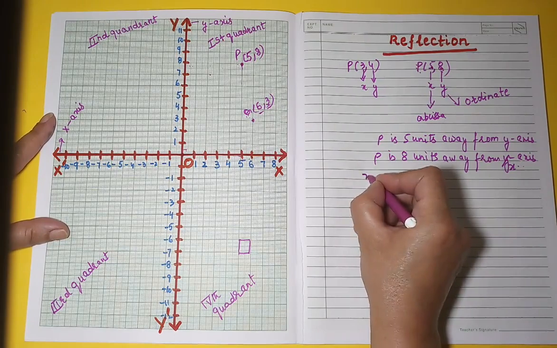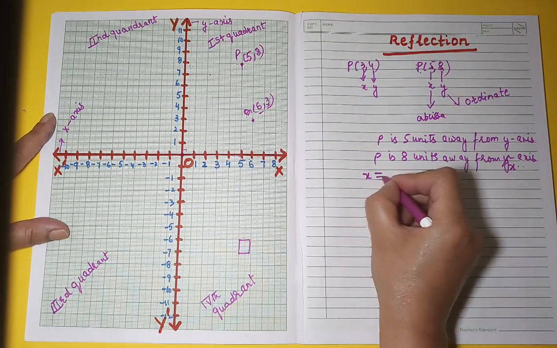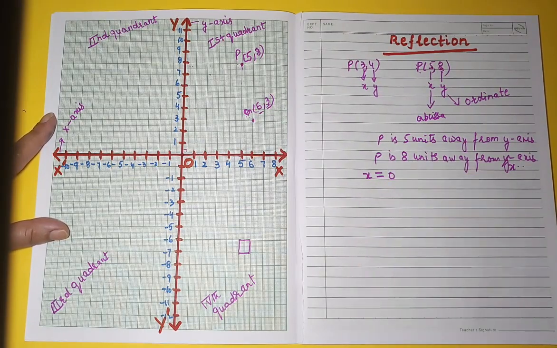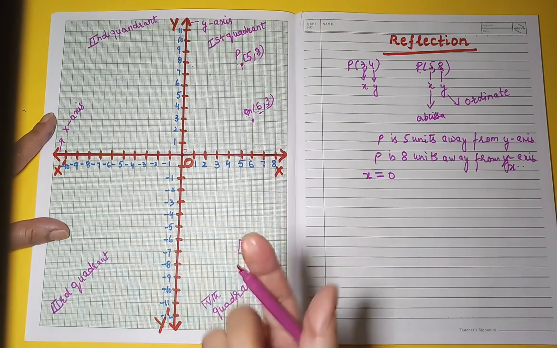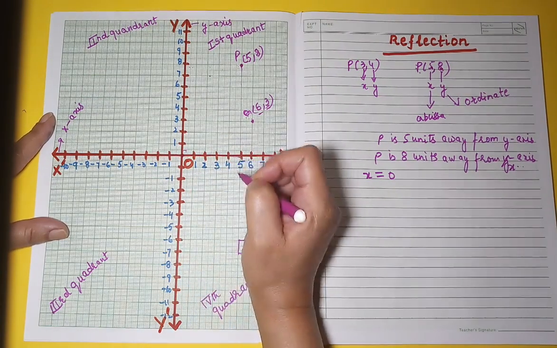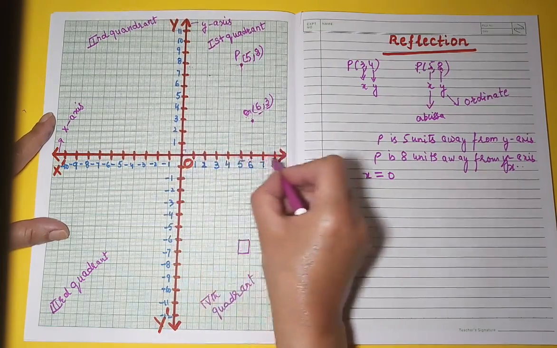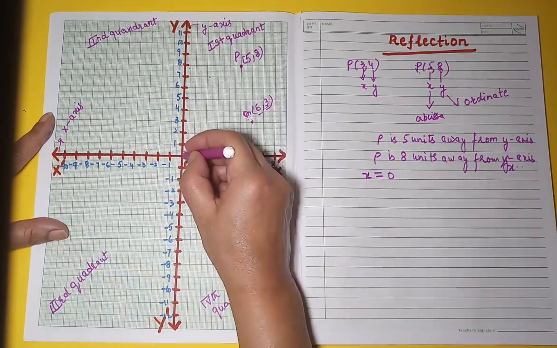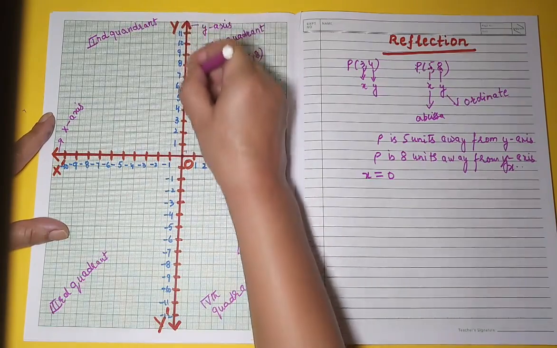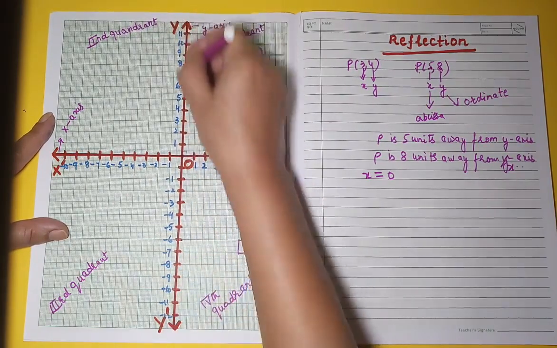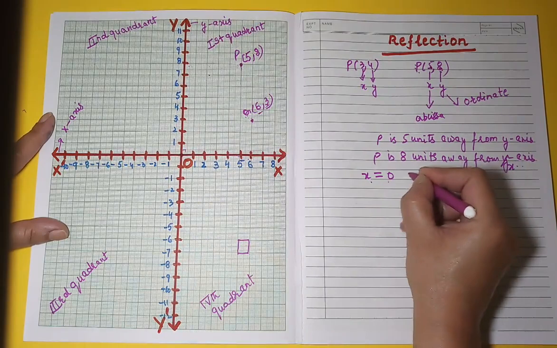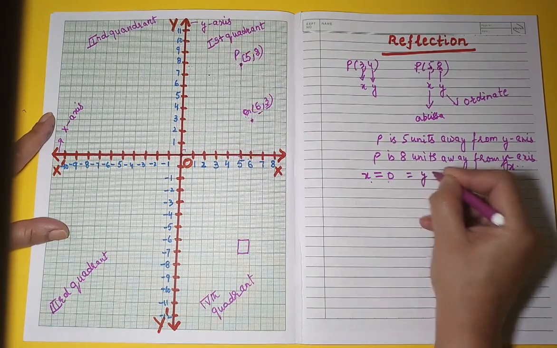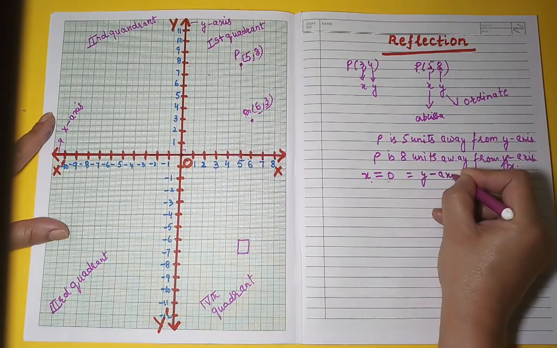Then comes the thing like, if we have something like x equal to 0, where will we define this x equal to 0? X equal to 0 means the point will not lie on the x-axis. It is 0. It is going to lie somewhere here, anywhere here on the y-axis, right? So x equal to 0 is called the y-axis.